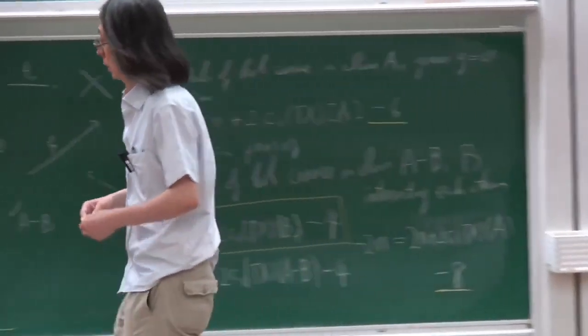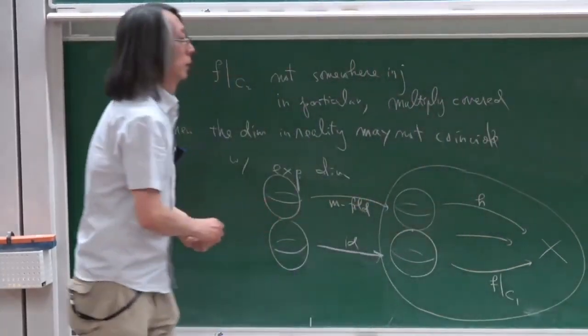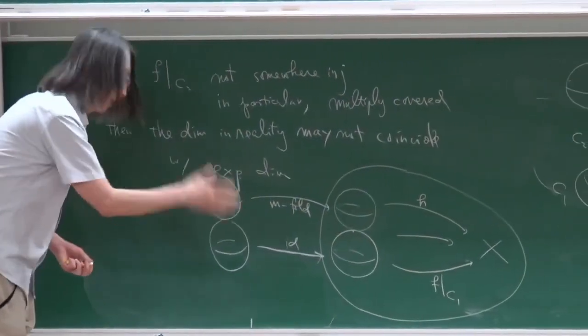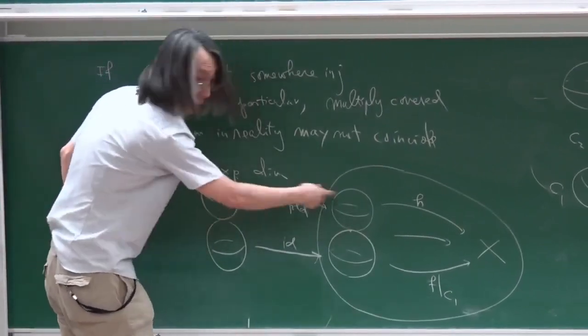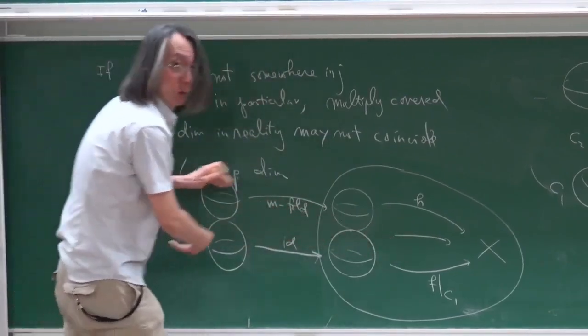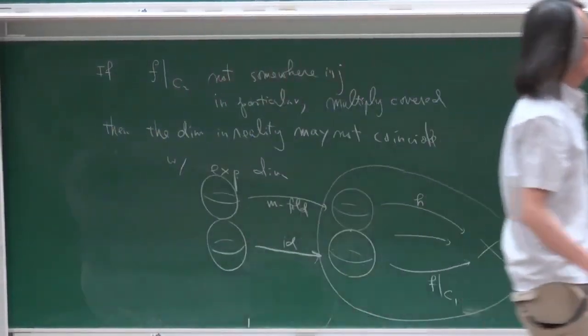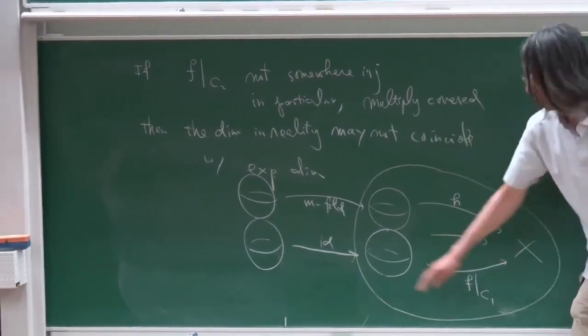If you have such a thing, then this is simply a geometric construction of taking the m-fold cover of this. So if such a thing exists, then you cannot really avoid it. If you want to avoid such a thing, then certainly you also have to avoid this.